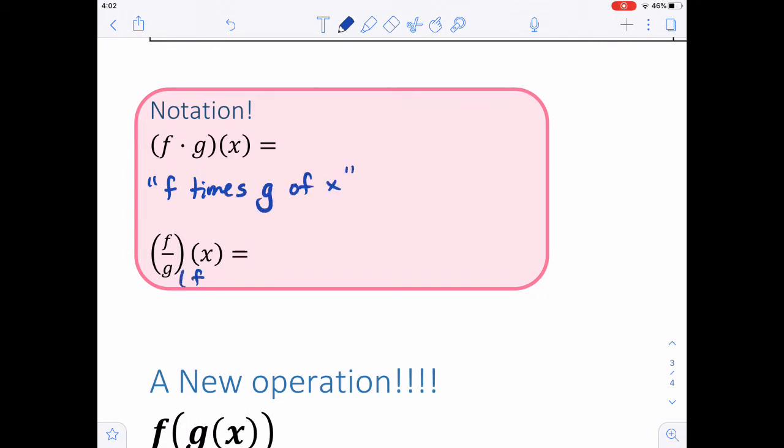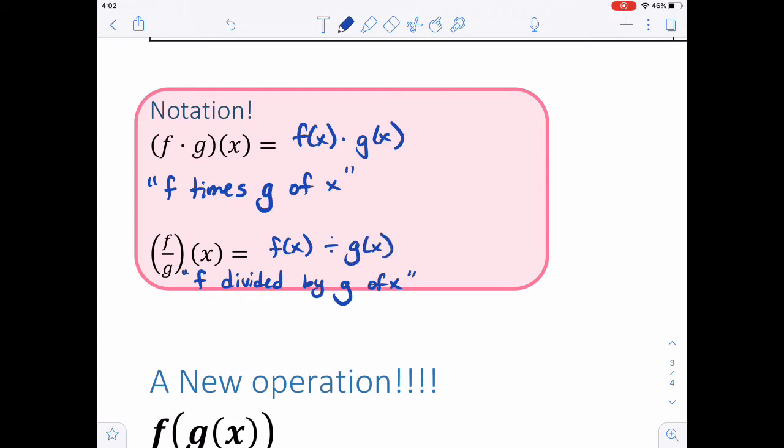This one is f divided by g of x. And it really is just f of x times g of x. And this one is f of x divided by g of x, or you can write it as f over g of x. It just saves a little bit of space when you write it out if we don't have to write that of x twice.